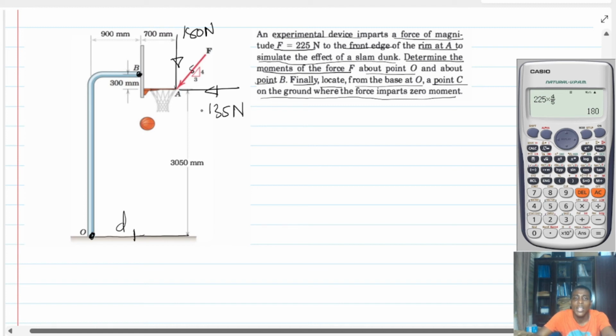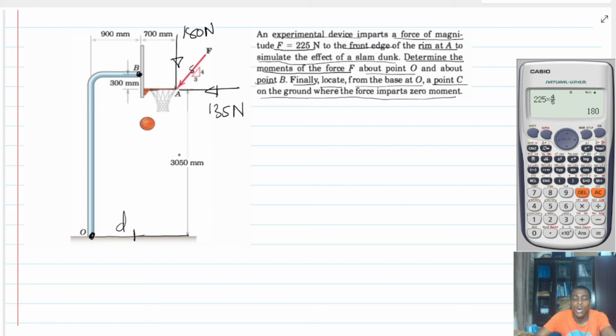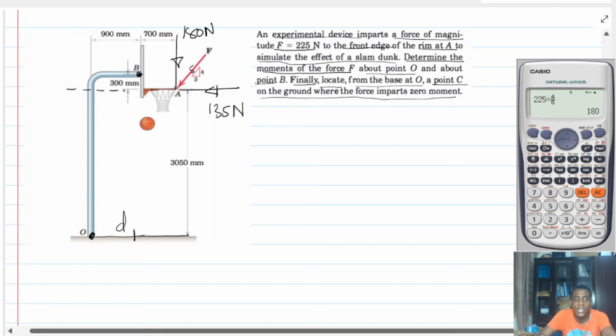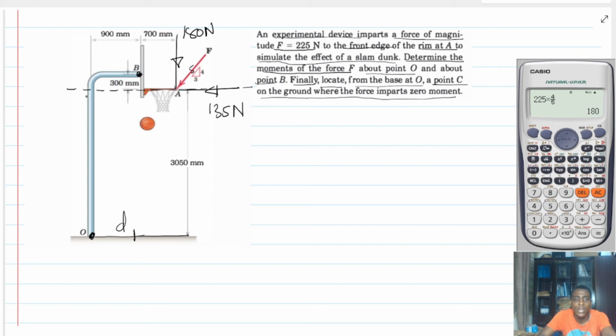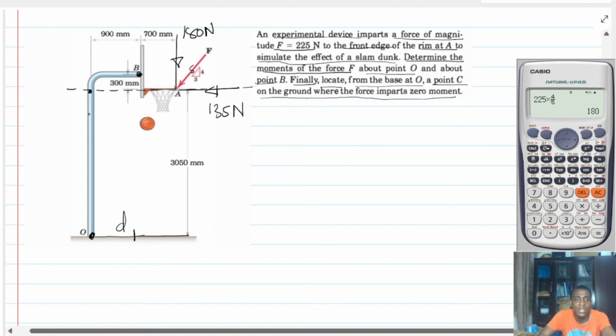Okay. Now, I want to find the moment about point O. So I will use what we call the principle of transmissibility. I will have to look out for the line of action of the 135 force. And this line of action is coming this way, and coming this direction, what I have to do is just find the distance from this point to this point.